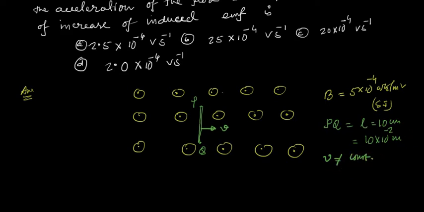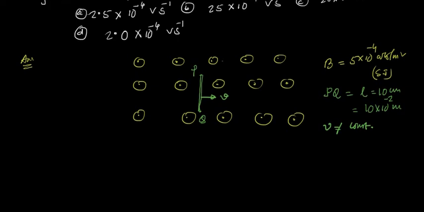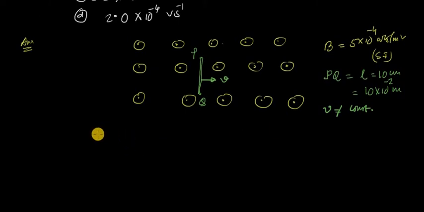Okay, our induced EMF is given. We have induced EMF across the length PQ as VBL. This is our induced EMF. So since v is not constant, v is changing with time, because the motion is accelerated motion, therefore E is changing with time.